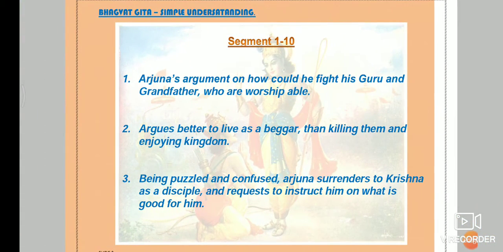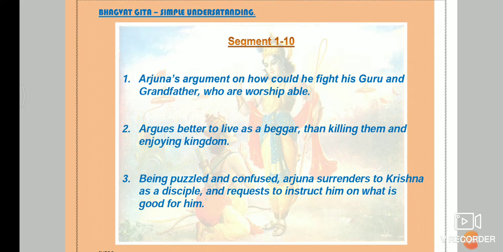In segment 1, after Arjuna sees his grandfather and guru Dronacharya, he loses his interest, falls into grief, and sits back in the chariot. Then he argues to Krishna that he cannot fight his guru Dronacharya, grandfather Bhishma, or his cousin brothers, because he's too attached to them.